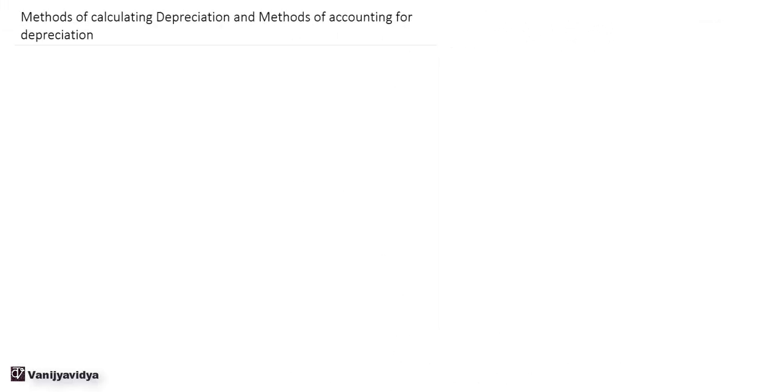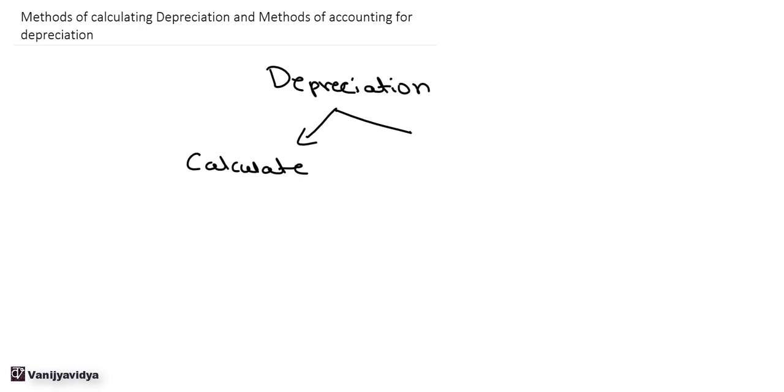Now, when we say depreciation, there are two things. One is we need to calculate the depreciation, and the other one is we need to account for depreciation. Now, for calculating depreciation, there are various ways or methods depending on the type of the business and the nature of the machinery. So there are different methods in which we can calculate and arrive at the amount of the depreciation.